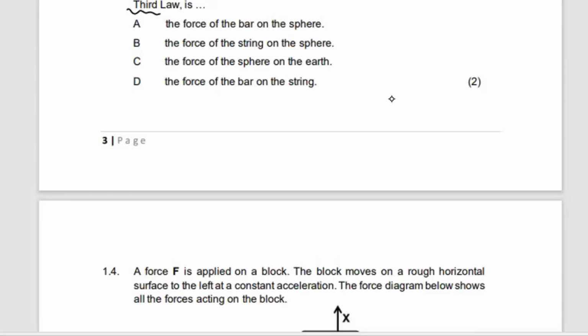They're asking which reaction force we need: the force of the bar on the sphere, the force of the string on the sphere, the force of the sphere on the earth, or the force of the bar on the string. Since we're looking at weight, which is the earth acting on the sphere, the sphere must also act on the earth. So I'll go with option C.